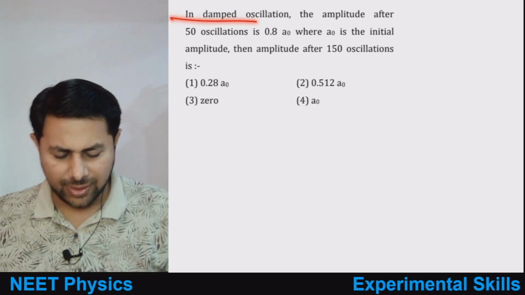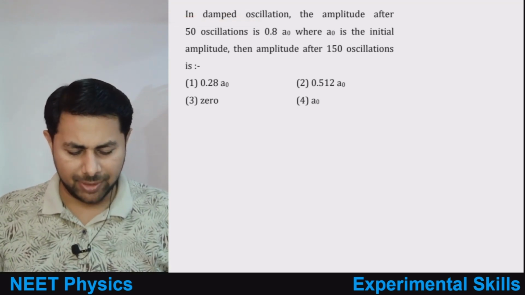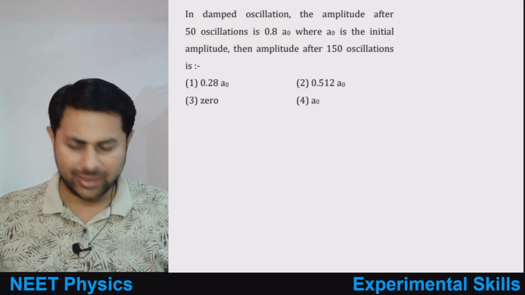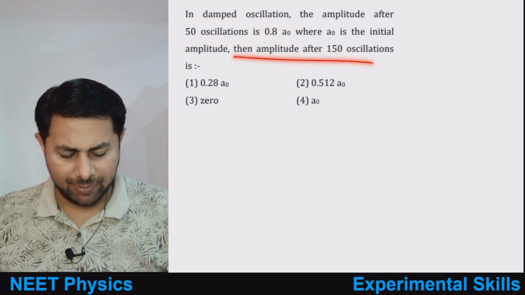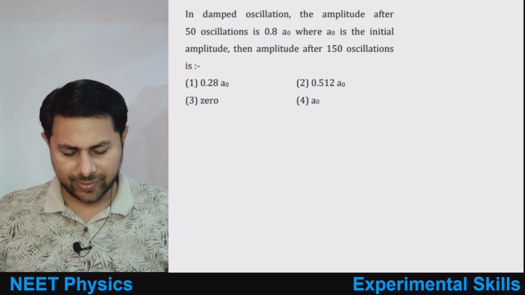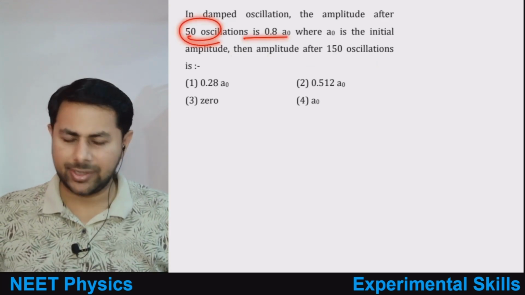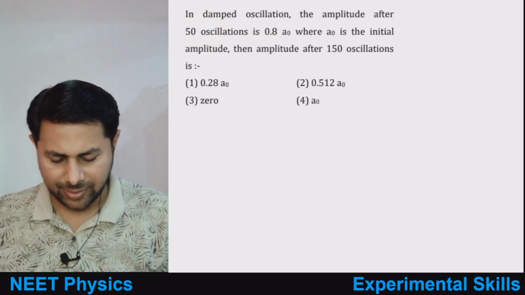See the next one. In damped oscillation, the amplitude after 50 oscillations is 0.8 A0, where A0 is the initial amplitude. Then the amplitude after 150 oscillations is? So the amplitude after 50 oscillations is 0.8 A0, right?